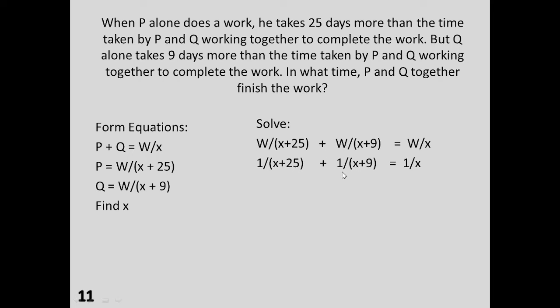Similarly, for this fraction, we multiply both numerator and denominator by X plus 25, so that we get X plus 25 in the numerator and X plus 9 into X plus 25 in the denominator. Now for this fraction and this fraction, since the denominators are the same, we can add the numerators.